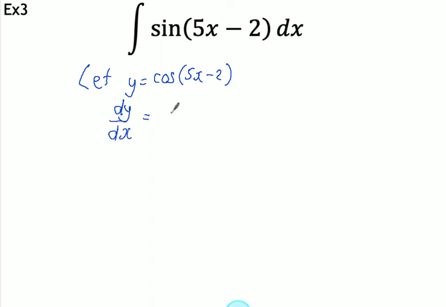So this is going to give me a -5 sine 5x subtract 2, which is similar to what I want, but not quite perfect. So let's make it perfect.